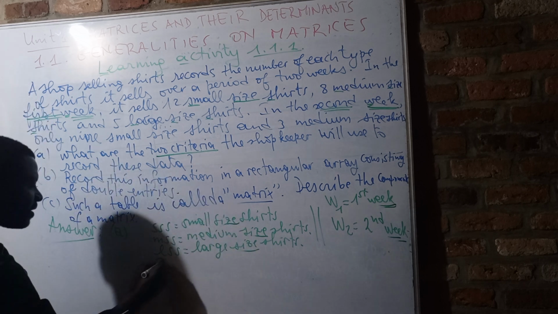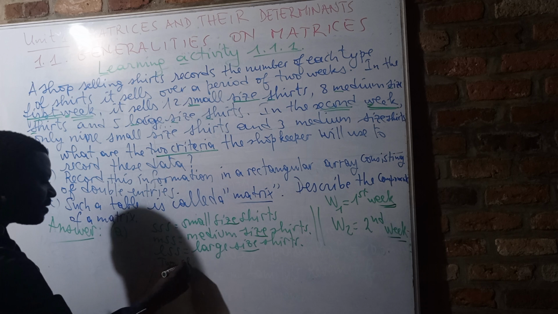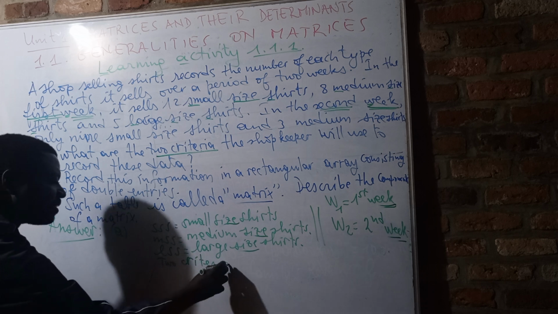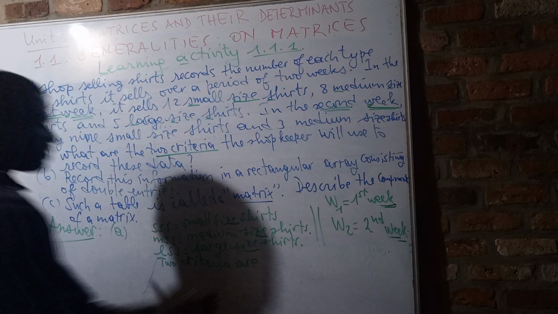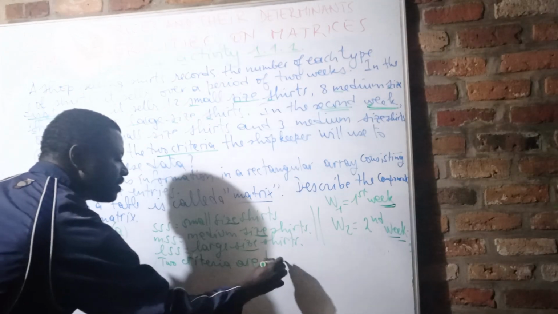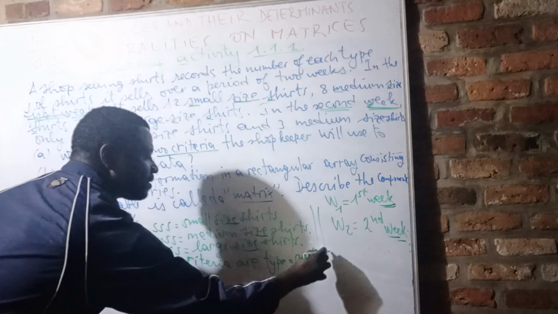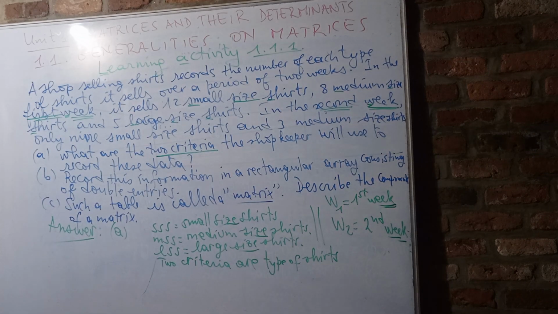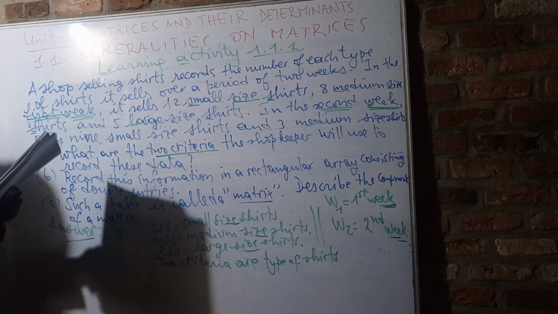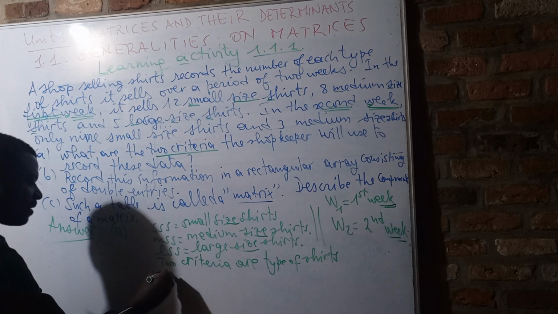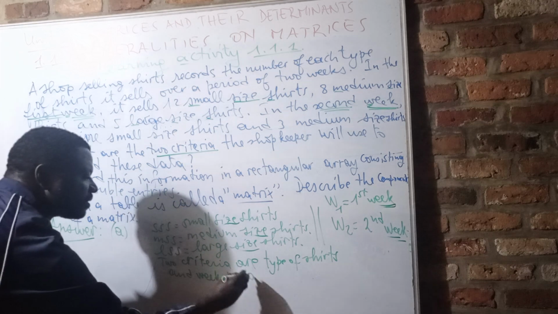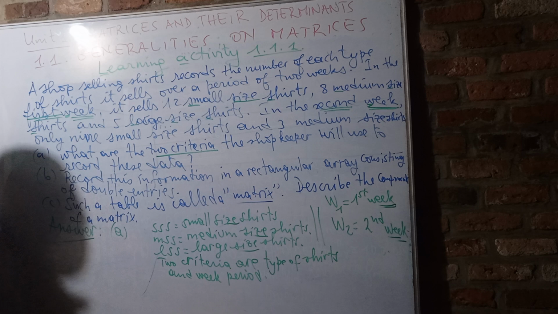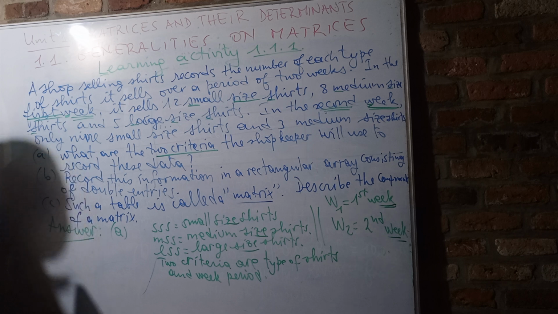So the two criteria are type of shirts and week period. A period of week is just time duration.